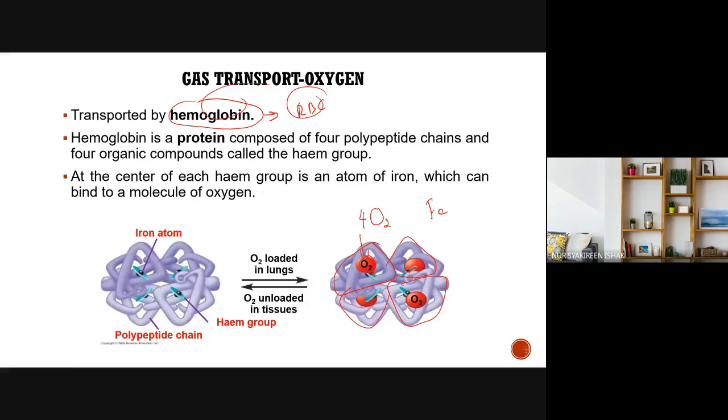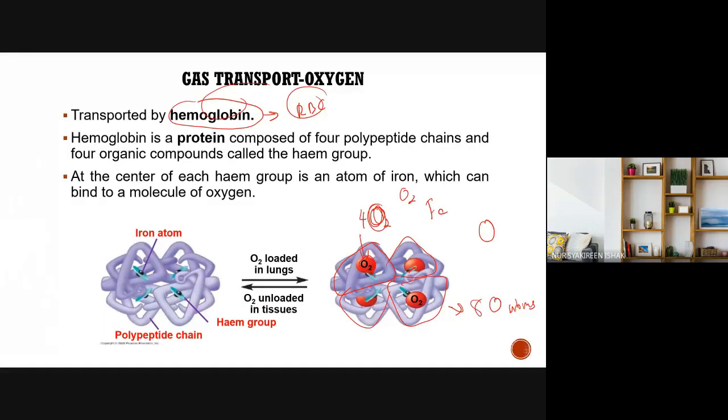So each hemoglobin binds to 4 molecules of oxygen. Remember, O2 is a molecule. O is an atom. One O is an atom. So that means it binds to 8 oxygen atoms, 8 oxygen atoms. Okay, 4 oxygen molecules.